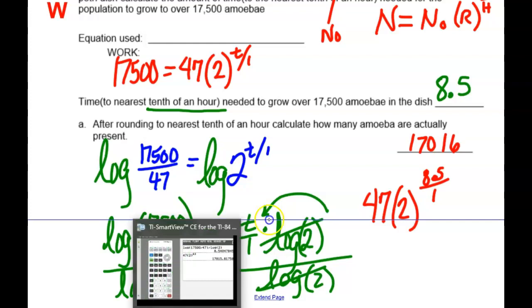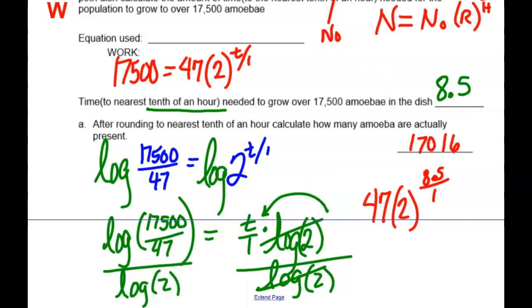I think I made it a little bit better on the final. If you rounded this, you would have had to realize it wasn't enough and go back and round this to 8.6. And if you make it 8.6, that makes this 18,237.